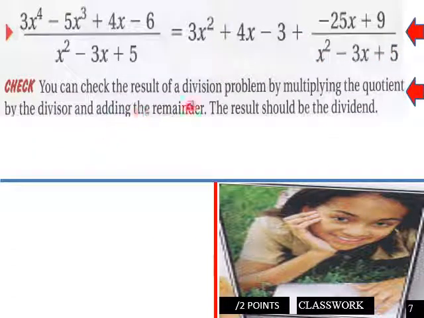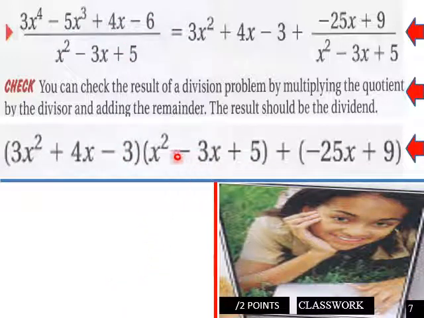So you can check the result of your division problem by multiplying the quotient by the divisor and adding the remainder. So that will be your check here, multiplying this times this, and then you should get this up here. So this would be your multiplication here, x squared minus 3x plus 5 times this plus this here.